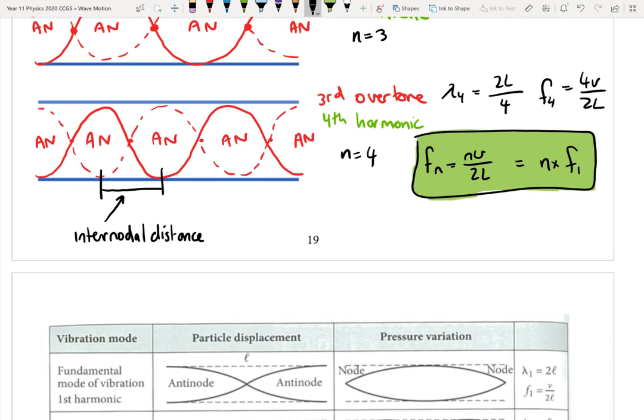The internodal distance is half of a wavelength. It's a little trick that we can use if we are unable to measure the first length. There's a prac that we might do after the test in that week where we're not allowed to assess you. We might set up a pipe demo where we can show you this. You can vary the length of a pipe by having water filled in it, and then you can change the length very easily.